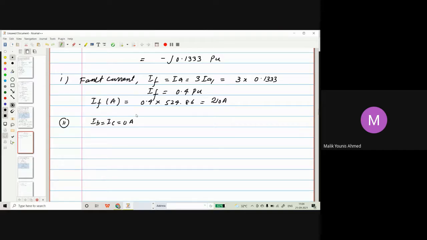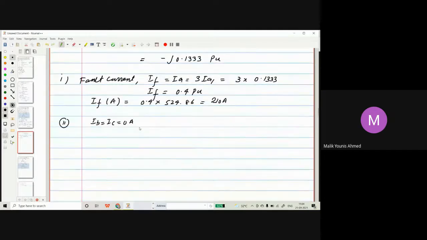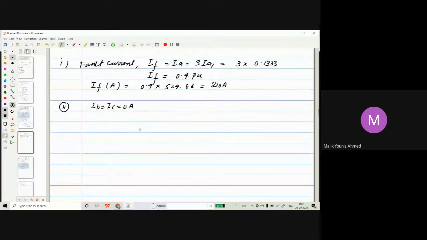Next we have to find the line to neutral voltage at the generator terminal. That means we have to find the phase values. For that, the rule is the same.